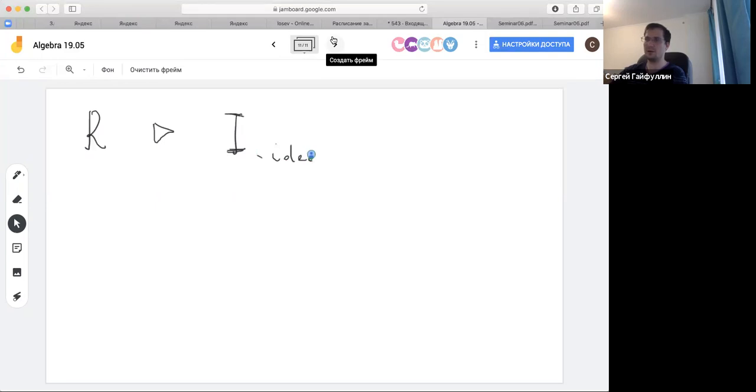The definition of ideal is clear. So we have a factor ring, which consists of classes r plus I for all r from R.